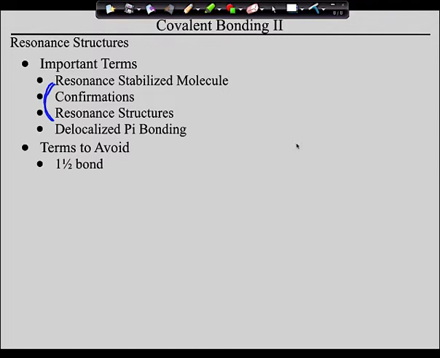It is a pi bond that exists in multiple directions at once. Also, do not talk about resonance bonding. There is no such thing as resonance bonding. It is delocalized pi bonding, and not resonance bonding. Those are the only two terms that are off limits.